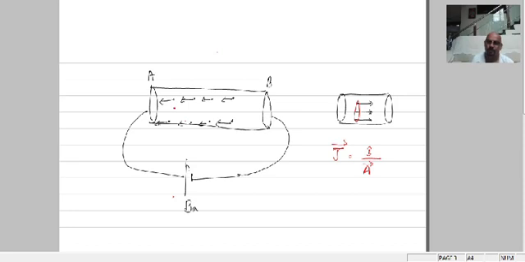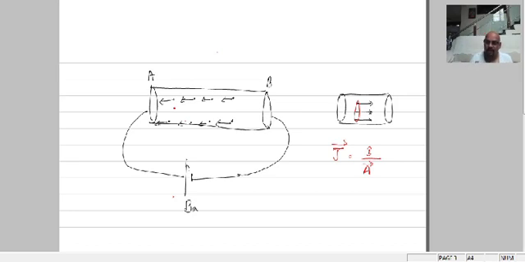Now the electrons will move in this direction, and that is electron current. If the electrons move in this direction, then in the direction opposite to that, we assume that positive charges will move, which actually doesn't happen in the case of conductors. So this is the current.